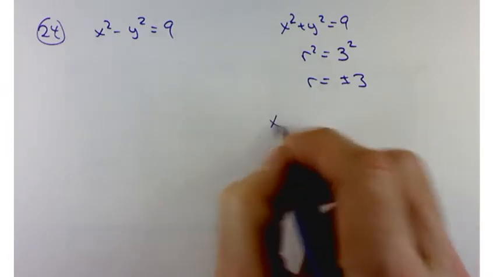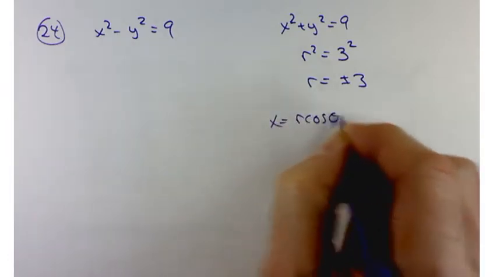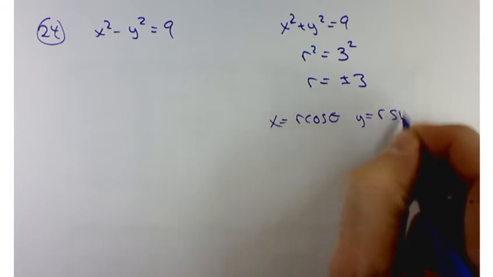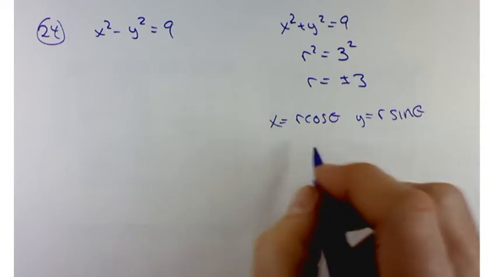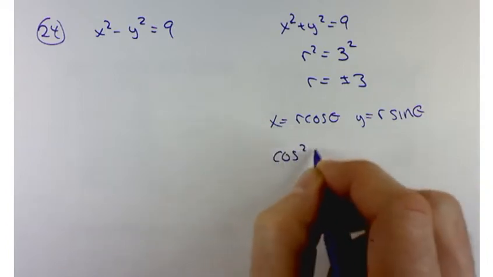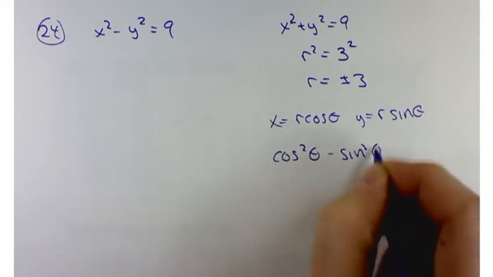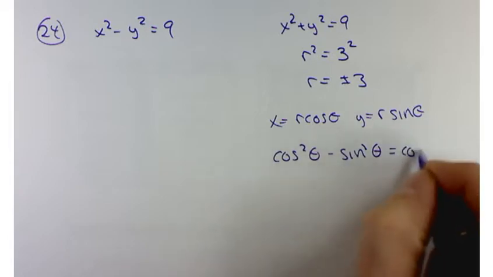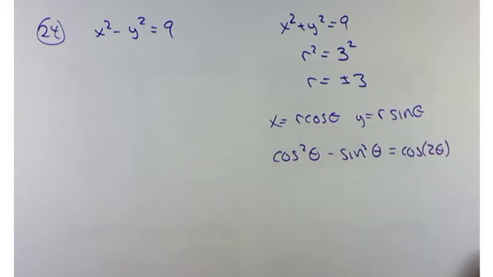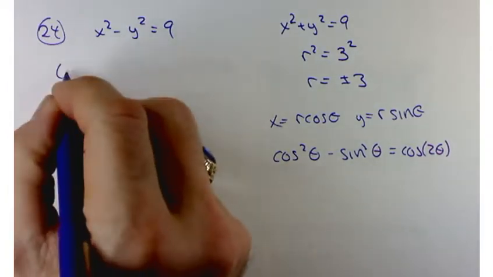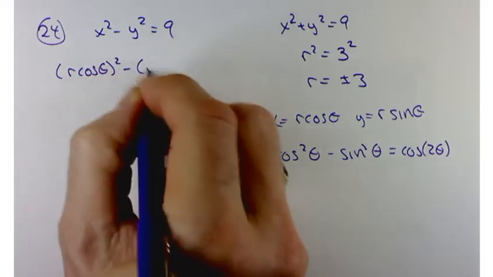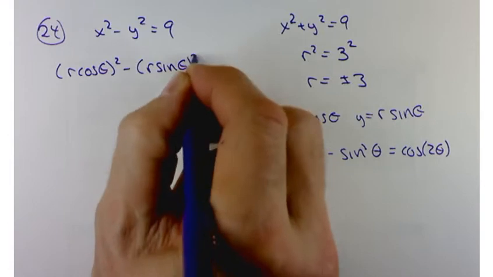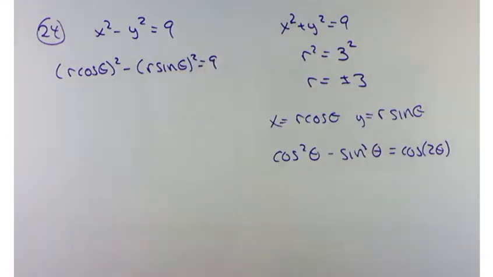Remember that we have x is r cosine theta and y is r sine theta. I'm also going to remind you of an identity that I think we're going to be needing. Cosine squared of theta minus sine squared of theta is cosine of 2 theta. Okay, so let's substitute in here: r cosine of theta squared minus r sine theta squared equals 9.